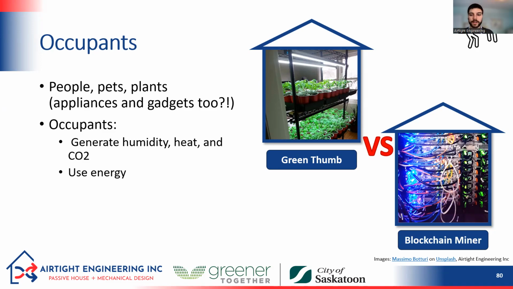It's got a ton of processors running. And you can imagine that that would generate a lot of heat that could lead to some thermal comfort issues. And it's going to use a lot of energy as well. So we can't actually consider a house and how it's performing without considering the occupants too and how they're interacting with that house.